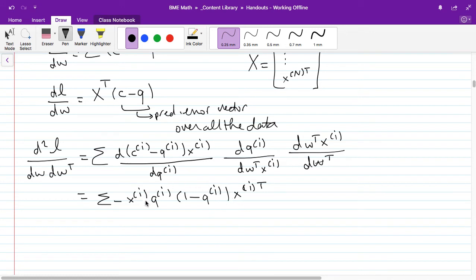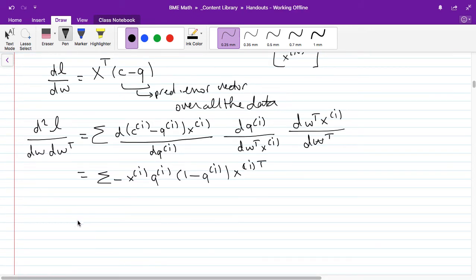So I now have the second derivative. Let's write this sum in matrix form. Let me define a matrix Q that's going to look like this: Q1 times (1 minus Q1), the posterior on the first data point times 1 minus that, then Q2 (1 minus Q2), until the last data point.